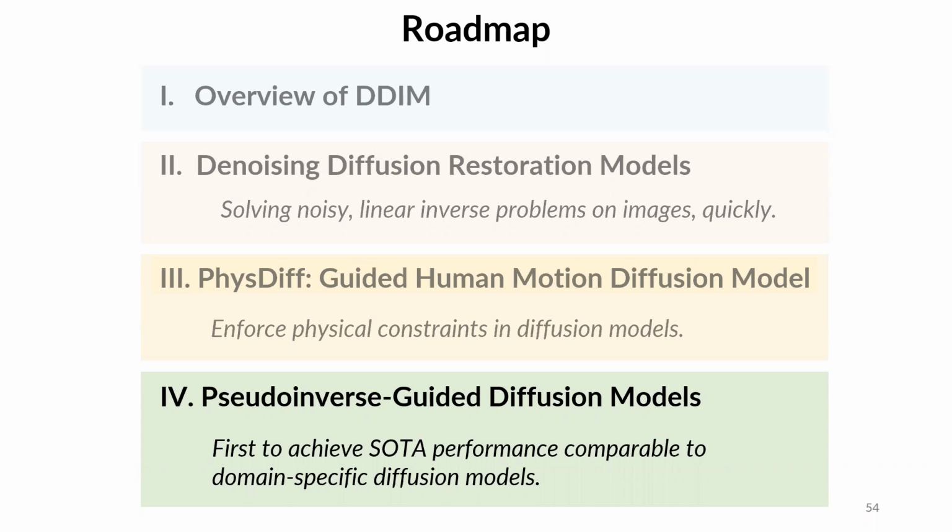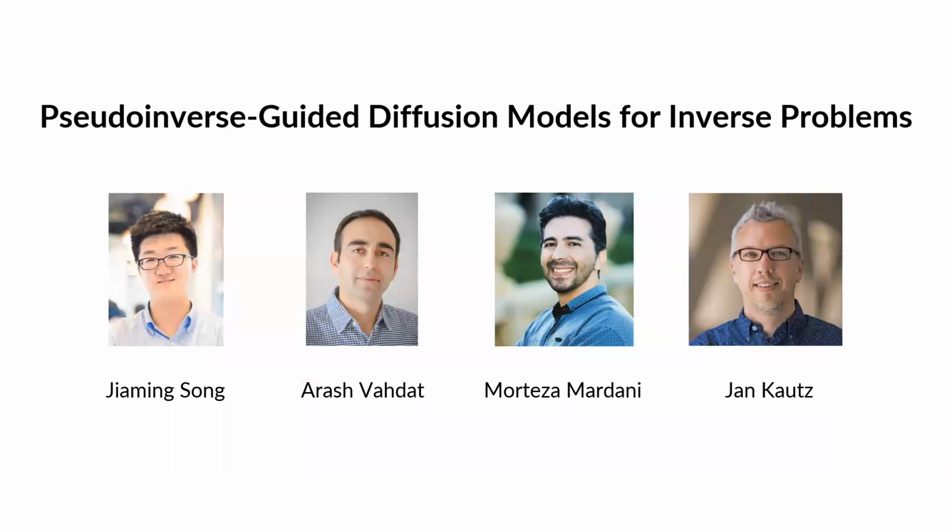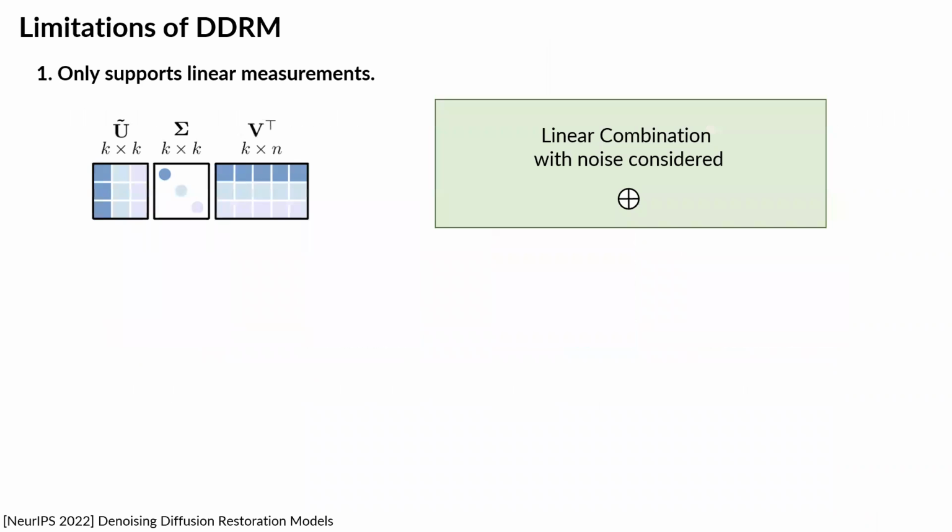Back then, even though we were the state of the art for plug-and-play methods, we were not the state of the art compared to just training a conditional model specifically for the task. This work tries to bridge that gap, and we have results showing that using a plug-and-play method, you can achieve near state-of-the-art performance compared to these domain-specific diffusion models. This is also work done by myself and some other colleagues at NVIDIA.